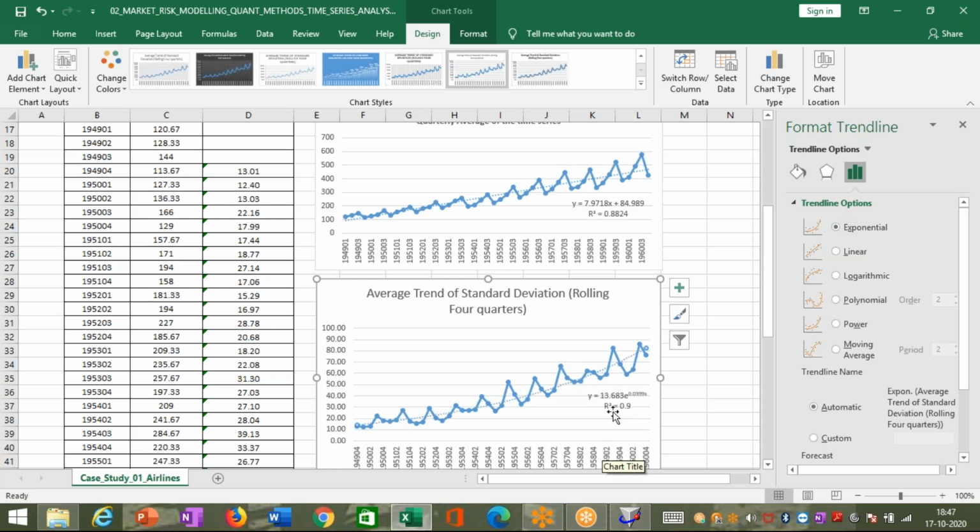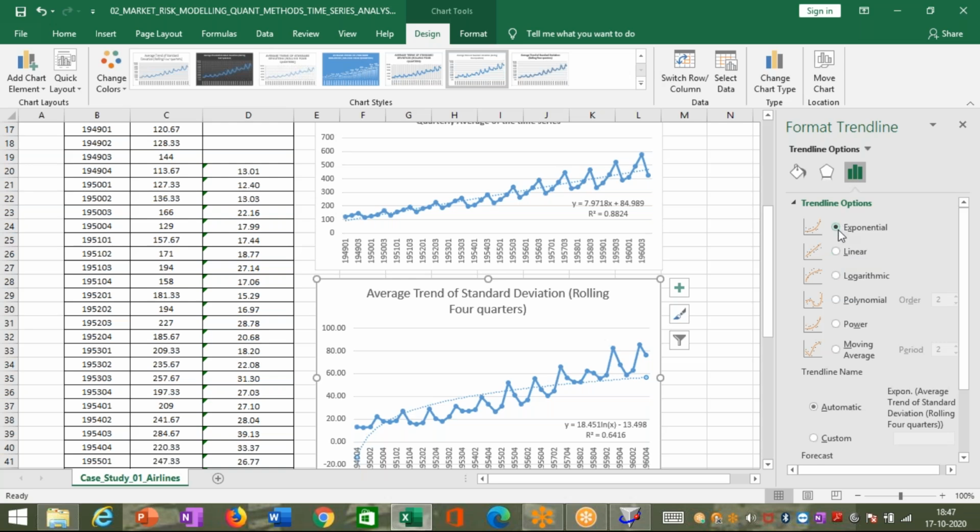Now the moment you do an exponential fit, you see that there is a better fit. So the standard deviation is increasing exponentially over a period of time. If I put a logarithmic fit over here, it is obviously lower because it does not capture the higher end values.